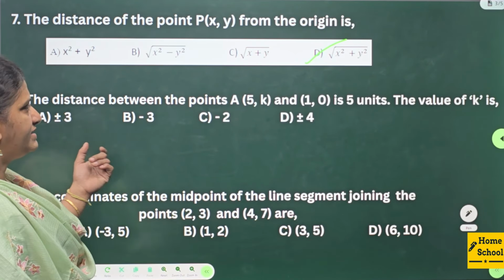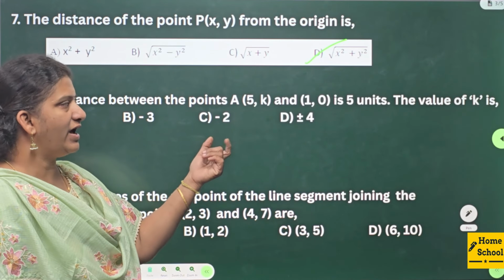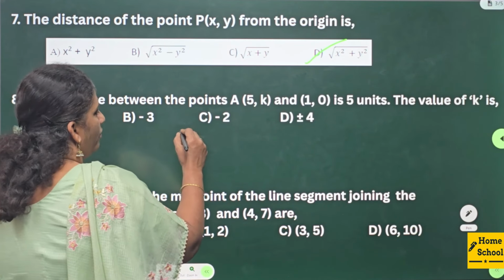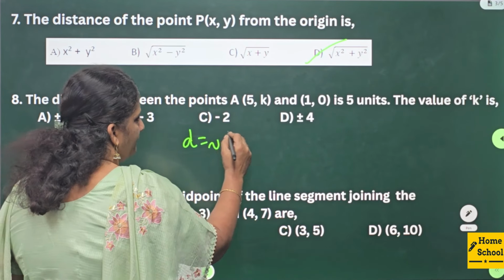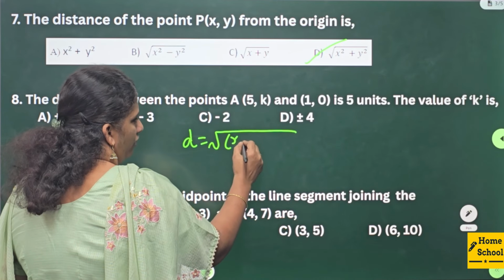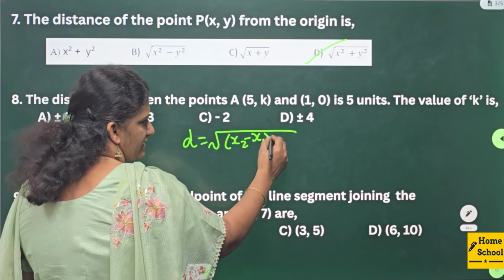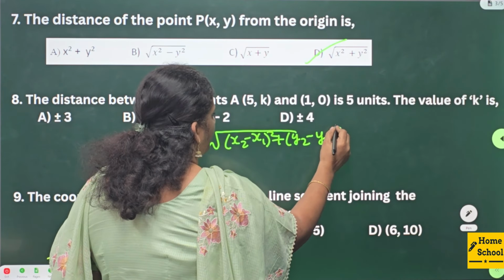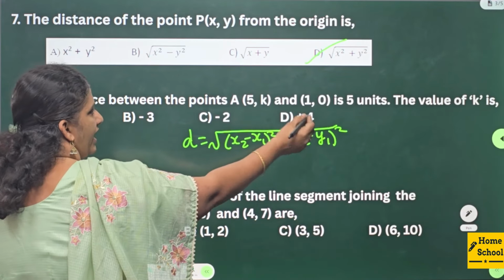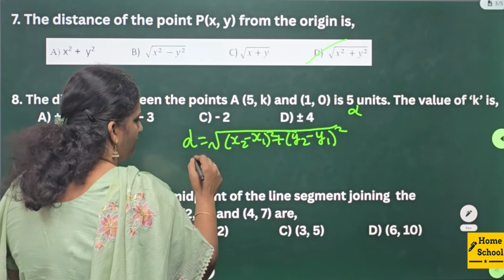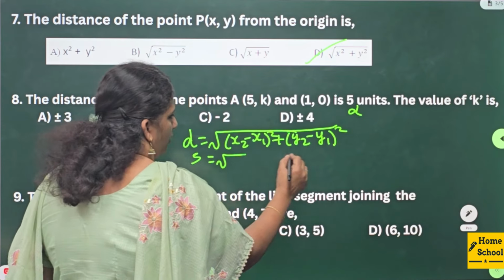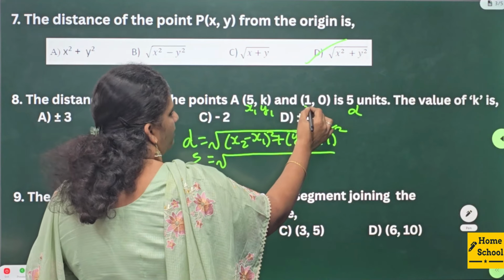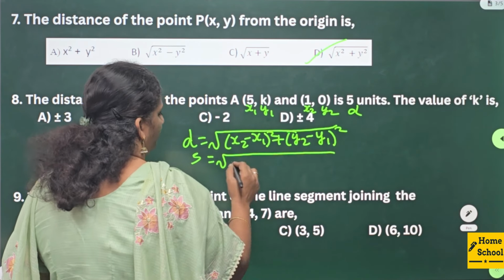Eighth one, the distance between the points (5, k) and (1, 0) is 5 units. We need to go with the distance formula here. D is equal to square root of (x2 minus x1) whole square plus (y2 minus y1) whole square. Whereas we know D is given as 5. Square root of, given coordinates, assume x1, y1, x2, y2.